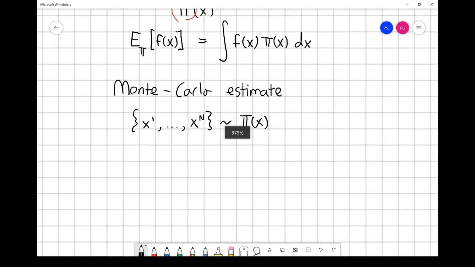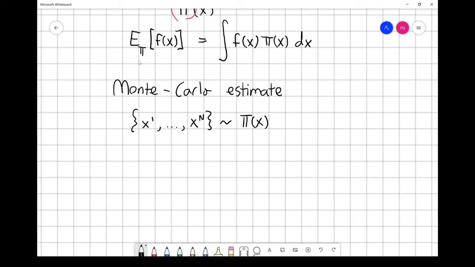Once we have those, we can realise an approximation for this expected value, i.e. an approximation for this integral, by saying that our expected value of f(x) is roughly equal to our Monte Carlo estimate, which is essentially the average of our samples evaluated at f.